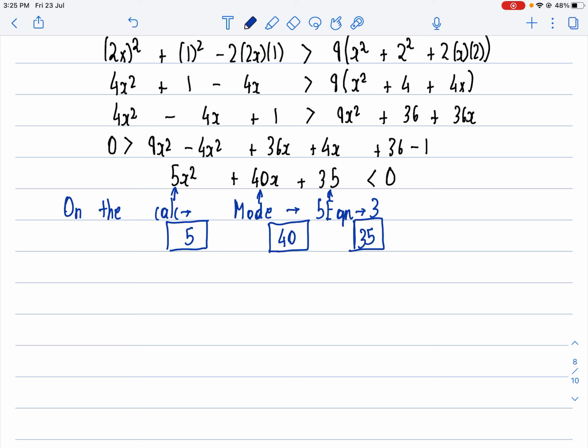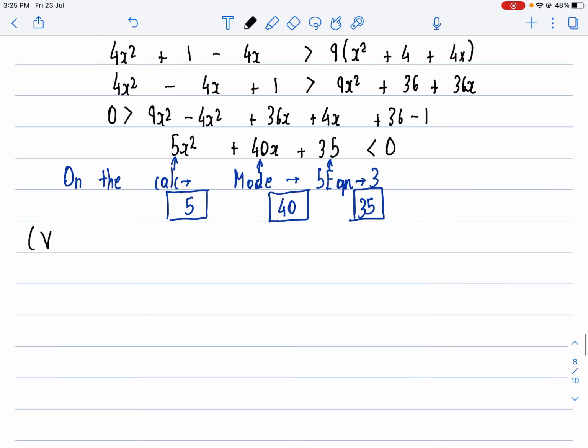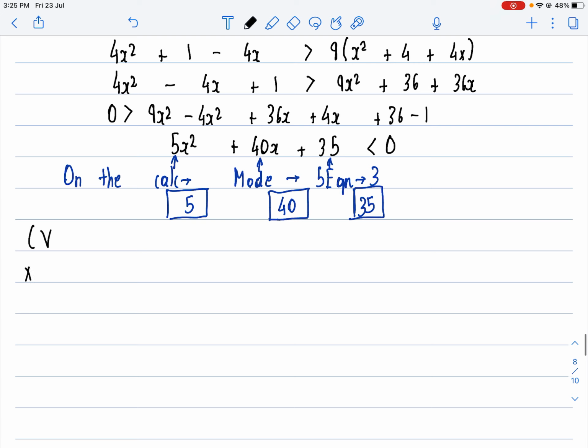So I'll repeat the steps. Go to mode, 5, 3, then put 5, 40 and 35. When you click on equal to, you get your critical values. So you get x as minus 1, and x as minus 7.